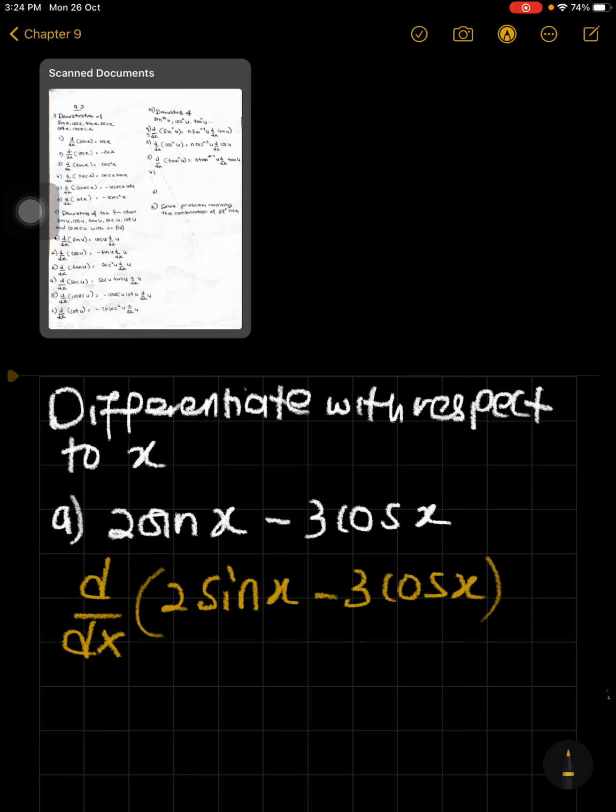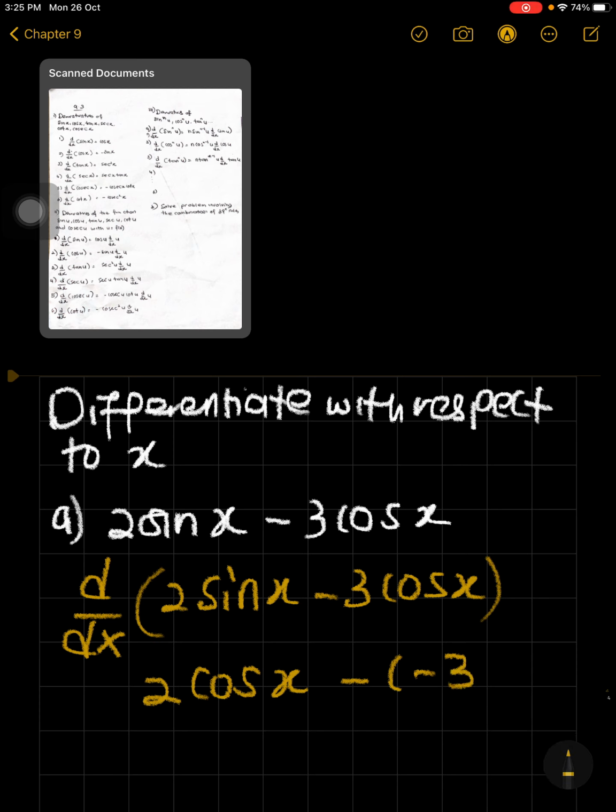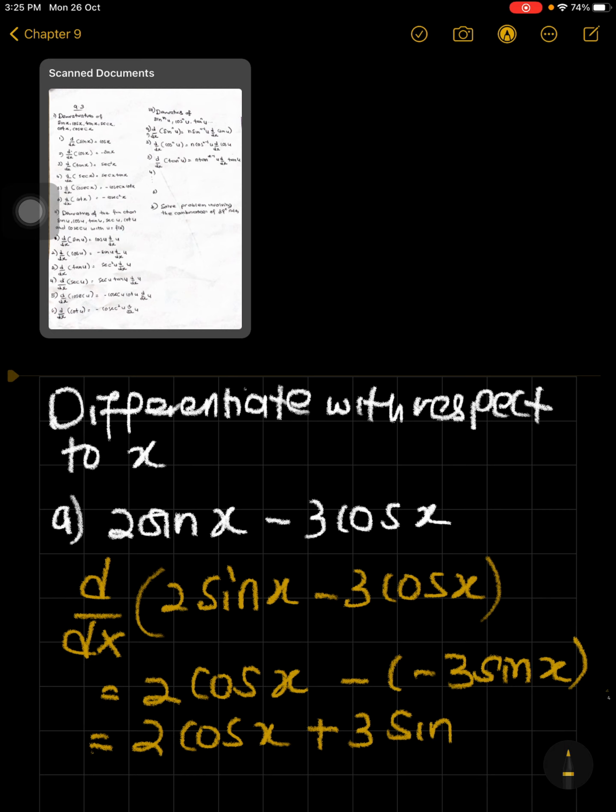So when you differentiate sin x, you get cos x, so you get 2 cos x minus, okay, you differentiate 3 cos x, you get negative 3 sin x. So your final answer is 2 cos x plus 3 sin x.